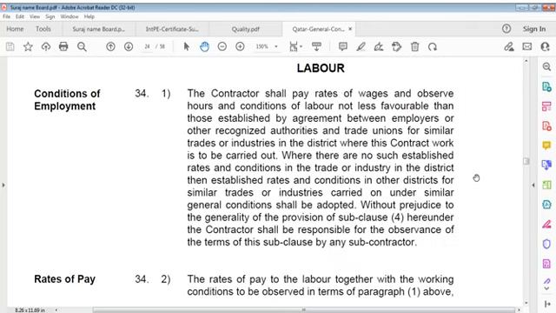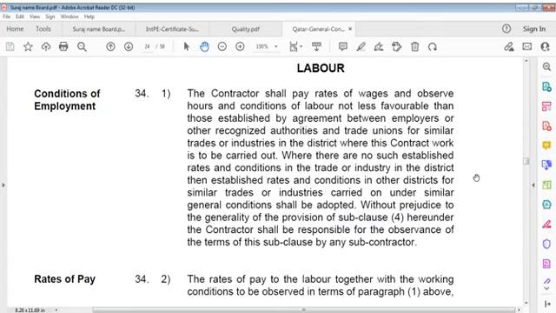Rates of wages. The contractor shall pay rates of wages and observe hours and conditions of workers not less favorable than those established by agreement between employers or other recognized authorities and trade unions for similar trades or industries in the district in which work is done, where this contract work is to be carried out.